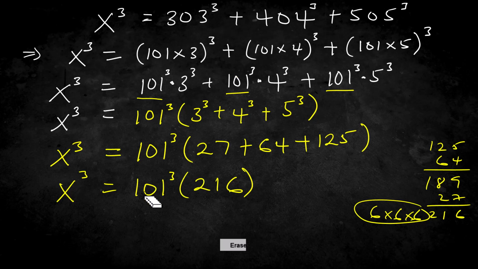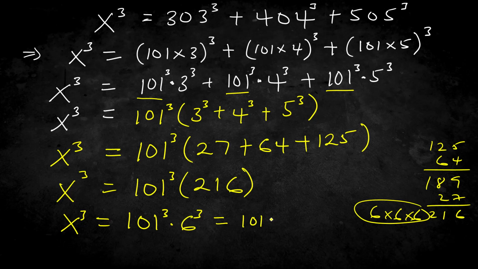So my x cube will be 101 cube times 6 cube. We can go ahead and take the power out, so we have 101 times 6, all raised to 3.